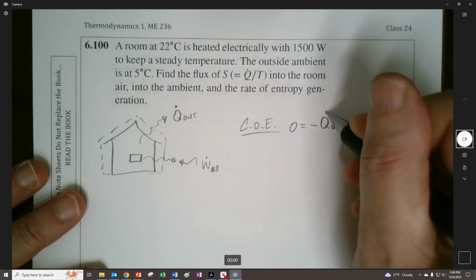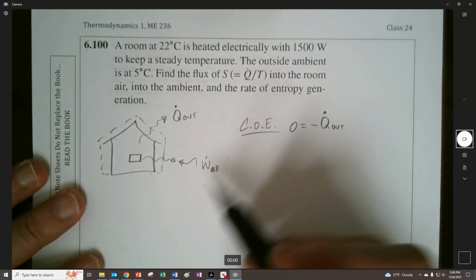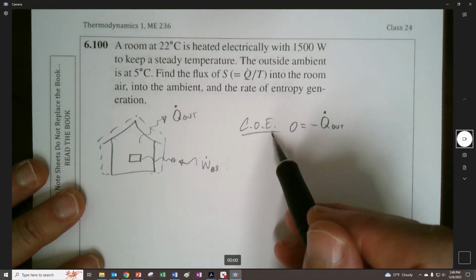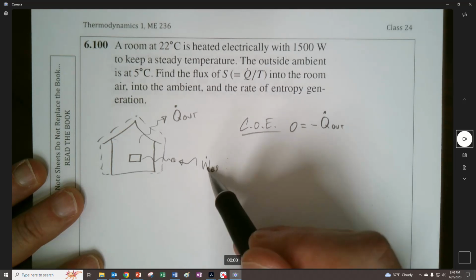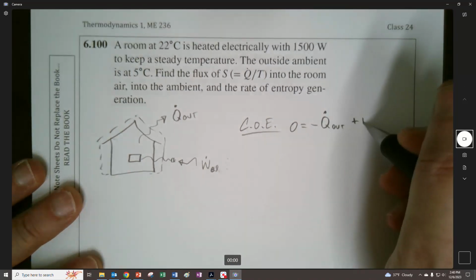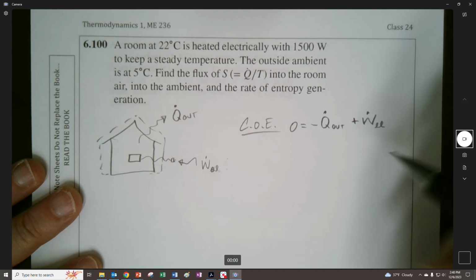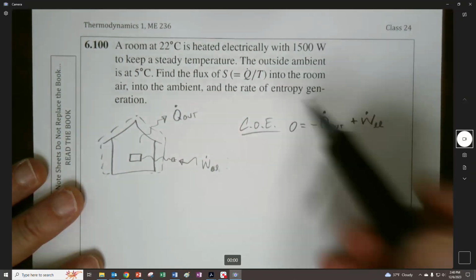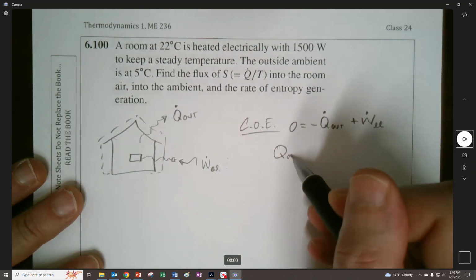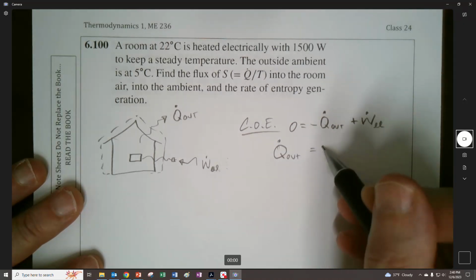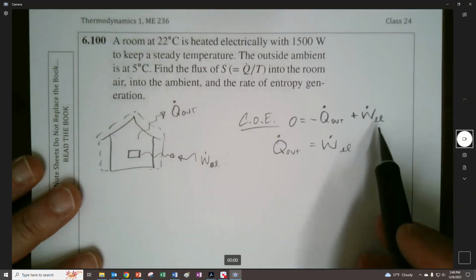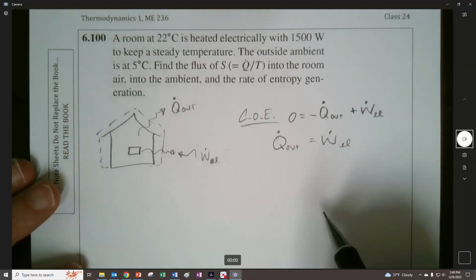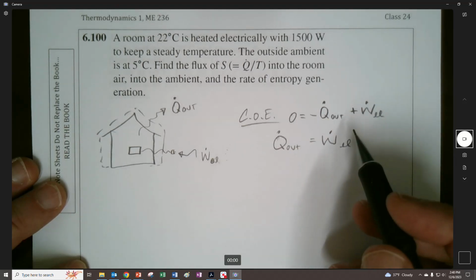And for the conservation of energy, power out is negative, so this is power in, so it's positive. We don't have anything else in our system, so it turns out they're going to be equal to each other, which we probably could have figured out on our own. So there's the conservation of energy equation taken care of.